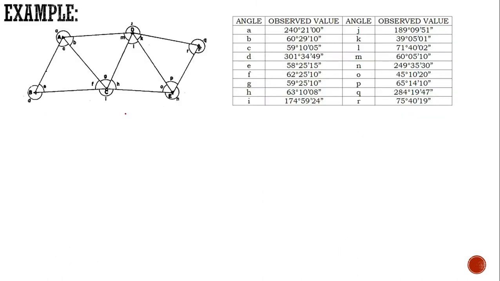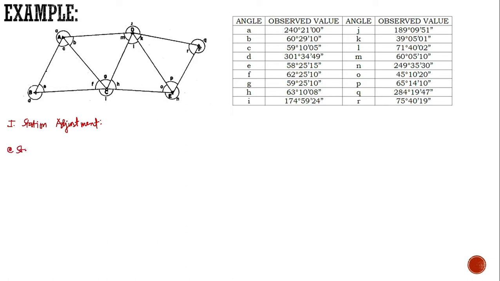So we have an example here. We have a triangulation A, B, C, D, E, F. In the approximate method, we're going to first adjust each station, then adjust each triangle. So for the first adjustment, the station adjustment, let's say we'll start at A and then B, C, and so on.